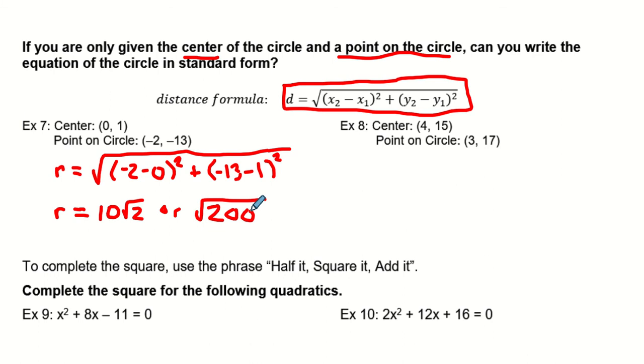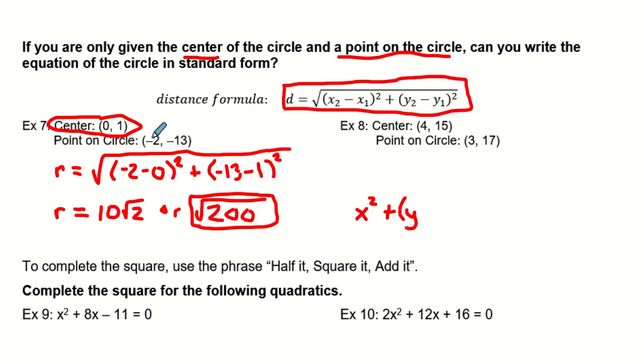Now to write the formula, remember, you use the center and the radius. So we're going to use these two. The equation for this circle would be x plus 0, but because it's 0, I can just go ahead and put x squared. Instead of putting x plus 0, we can just put x squared plus y.